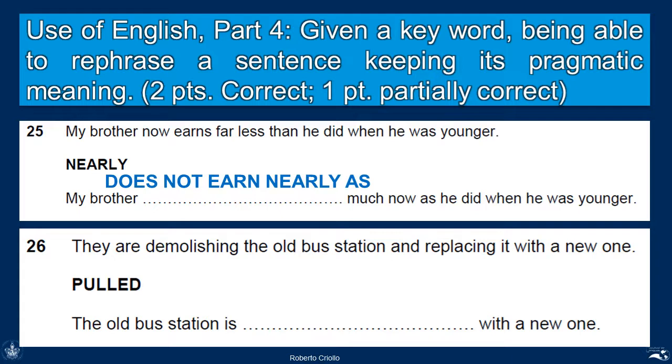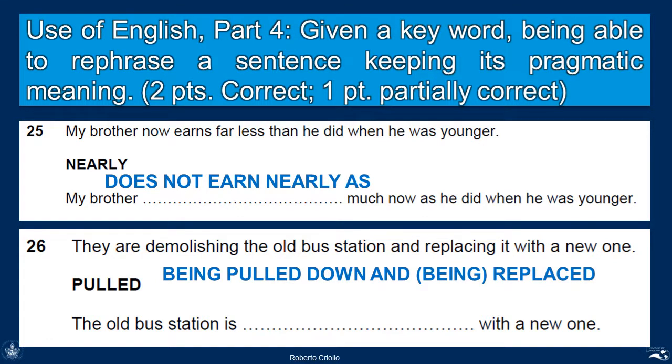26. They are demolishing the old bus station and replacing it with a new one. And we have the word pull. Now we know that the word pull, if you combine it with the word down, to pull down is the same thing as demolish. So then it's very easy. We have to change it. The old bus station is being pulled down and being replaced with a new one.